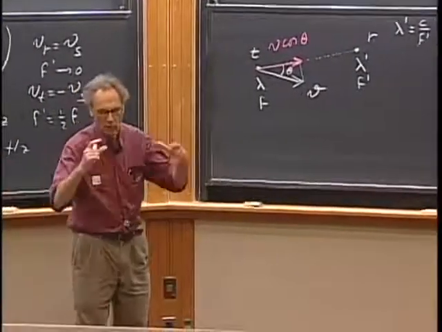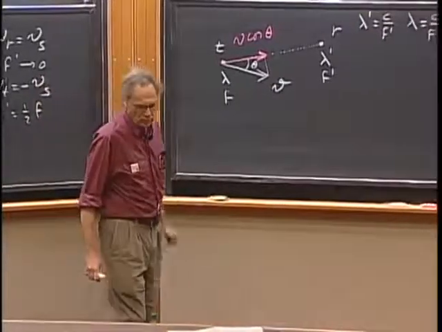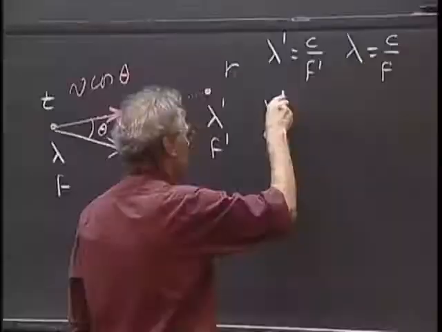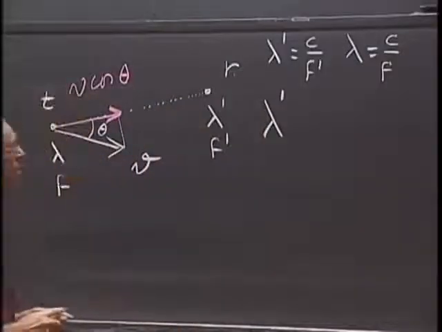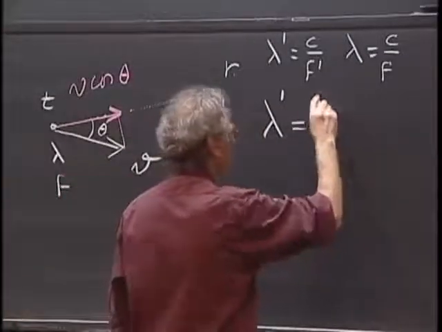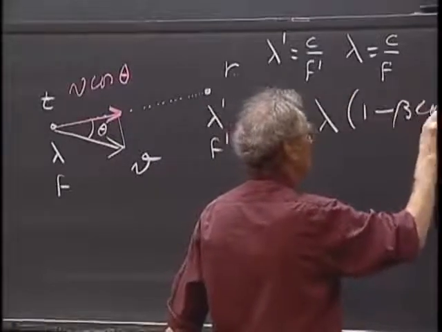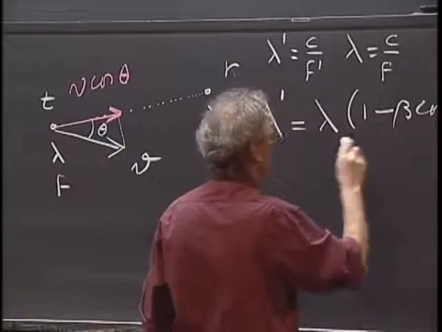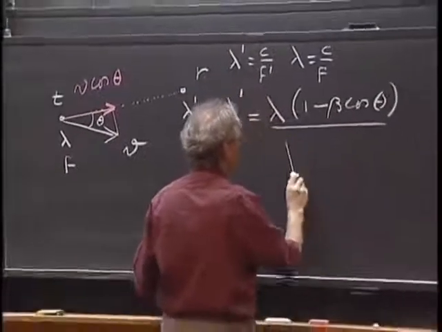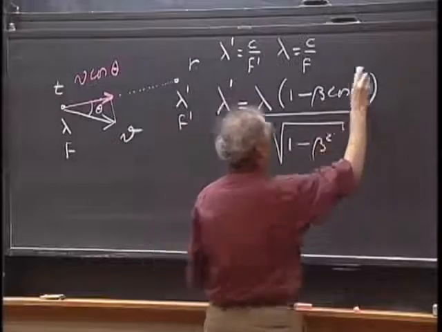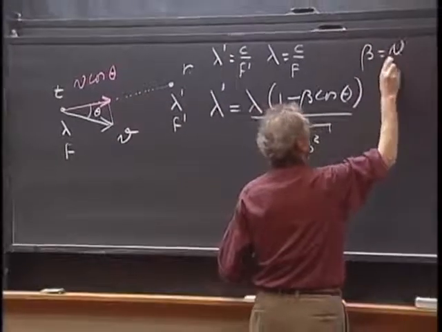And then you can always use that relationship to do it in terms of f. And the complete relationship is that lambda prime, the one that you will receive, is lambda times 1 minus beta cosine theta divided by the square root of 1 minus beta squared. And beta is v over c.